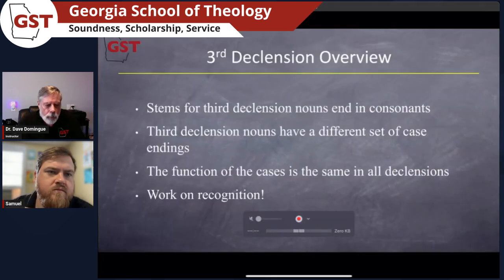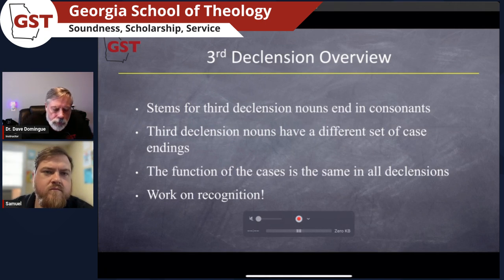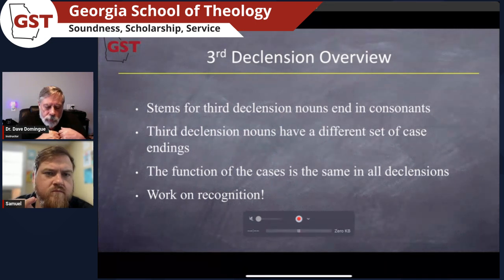As we just mentioned, stems for third declension nouns end in consonants. Third declension nouns have a different set of case endings, a different pattern. The functions of the cases are the same in all declensions.